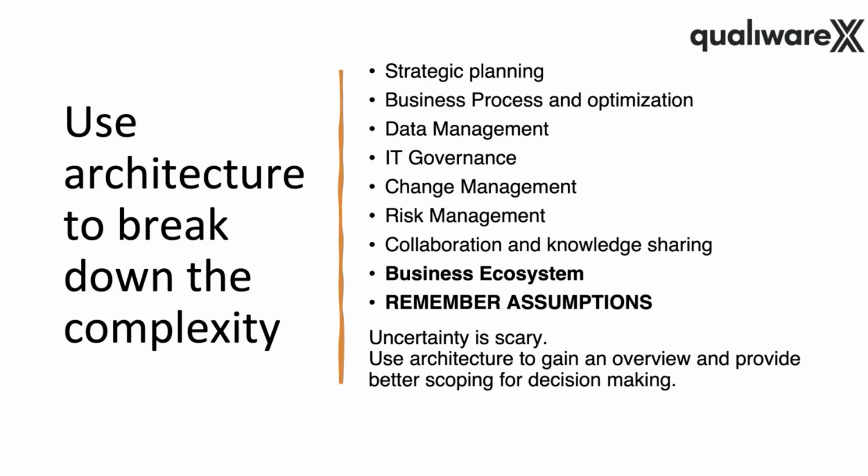There's so much uncertainty in all this, and that can be scary, and this is where the architecture can give us a way to break down this complexity and make sure that we can scope whatever needs to be addressed, and help the different decision makers in the organization actually make decisions that are relevant for their part of the business.